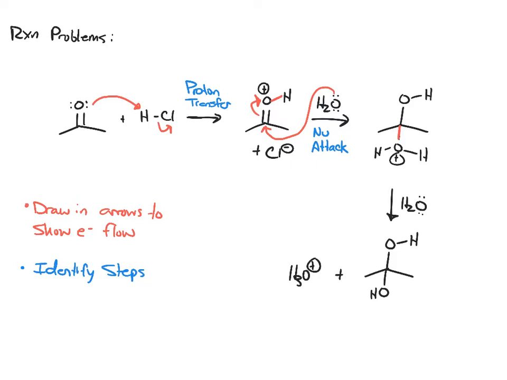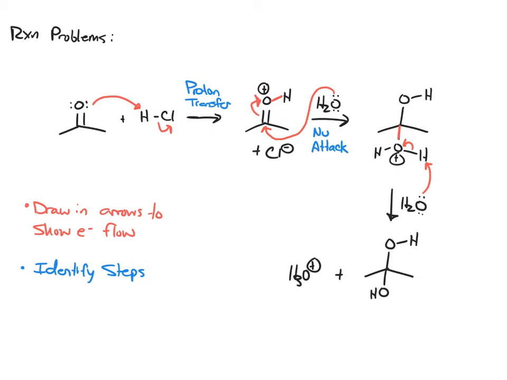So put your pencil down at that lone pair. Draw an arrow to this proton. And then another arrow leaving the proton, again, because it can't have 2 bonds. So this is just another acid-base reaction where you're transferring the proton from this oxygen onto water's oxygen.